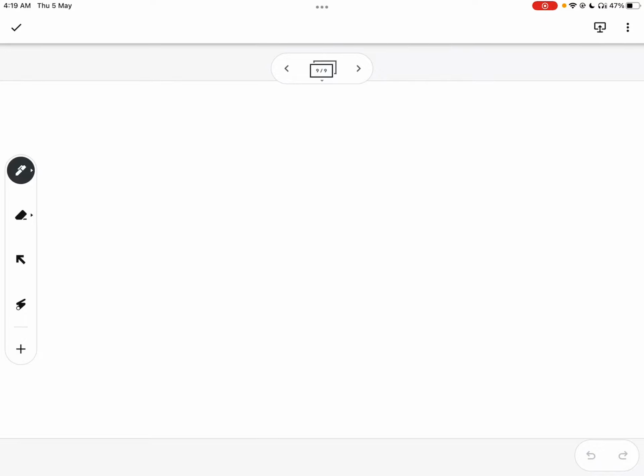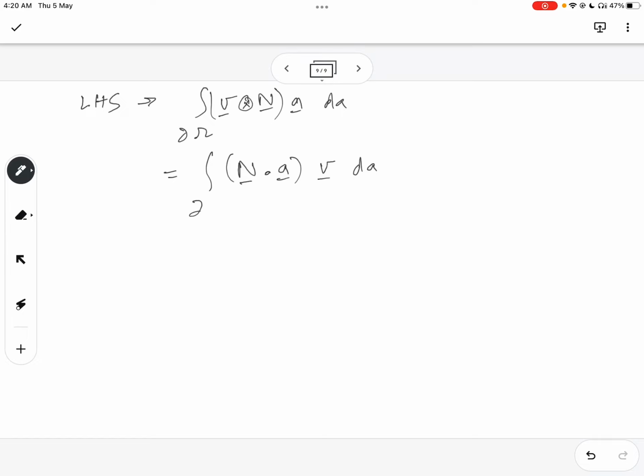So working on the left hand side, which was (v diadic n) acting on a, dA over del omega. This is (n dot a) v dA over del omega.